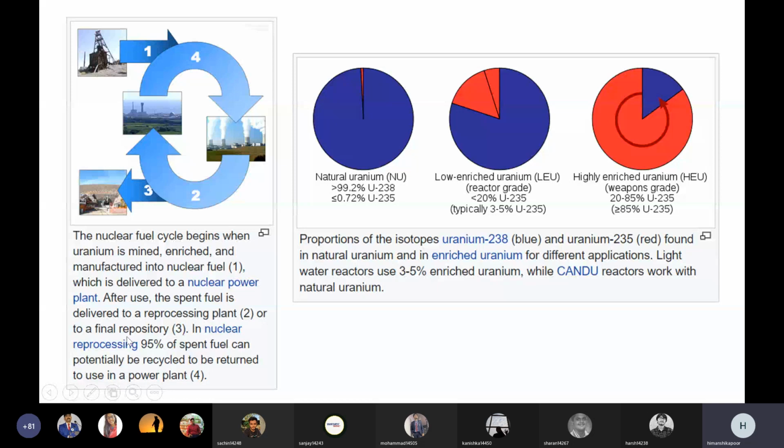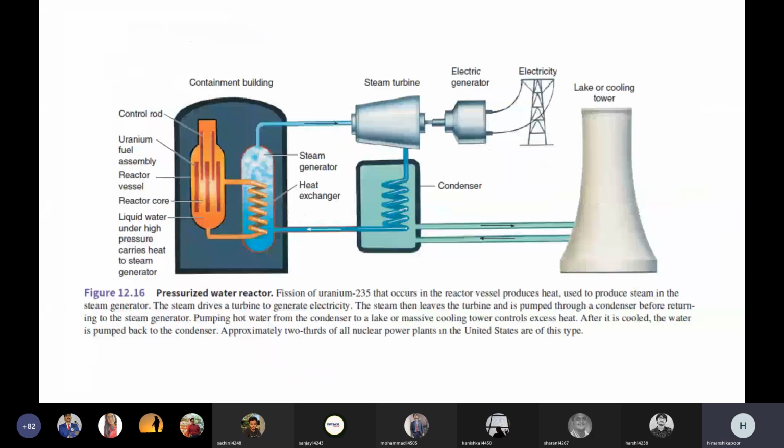There it is reprocessed. Then in the third step, in nuclear reprocessing, 95% of spent fuel is recycled and again used in a power plant. So this is how a fuel cycle works.